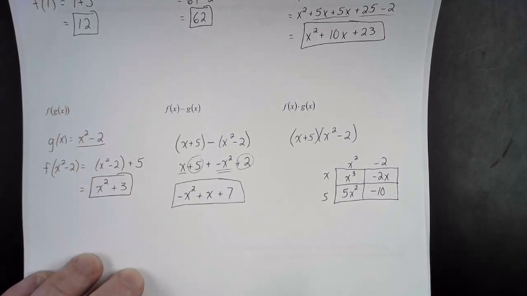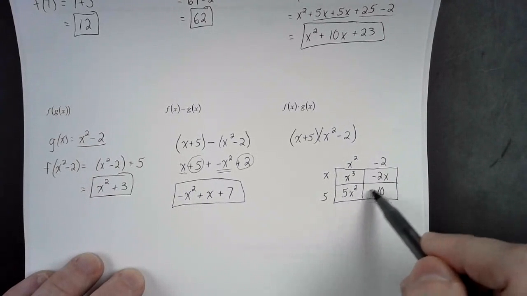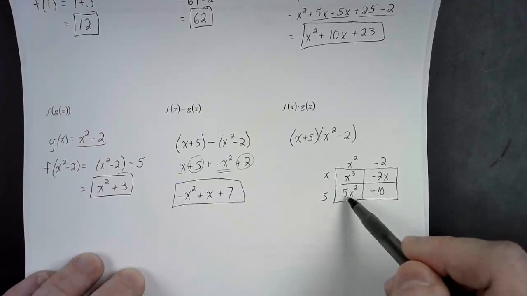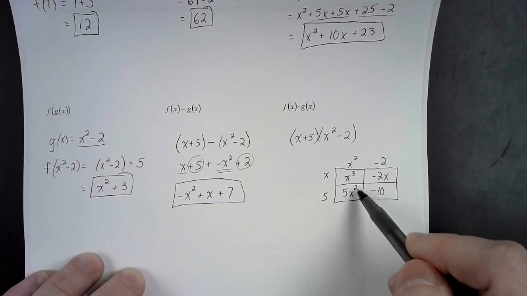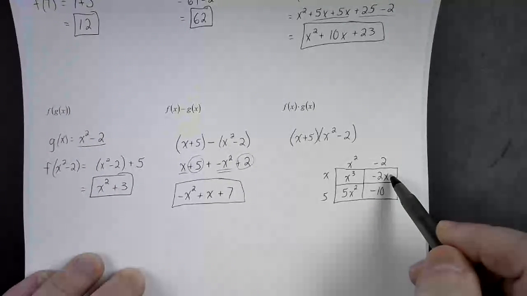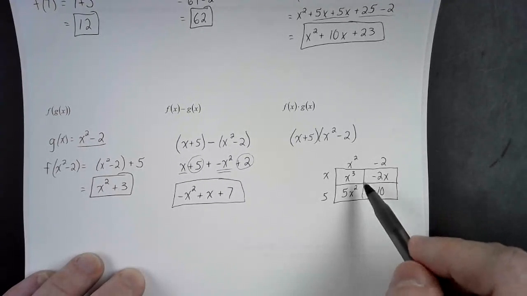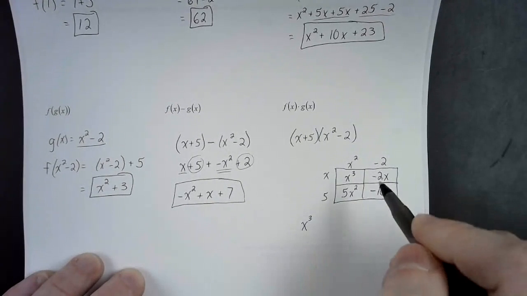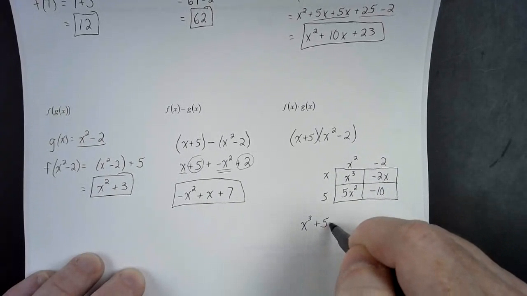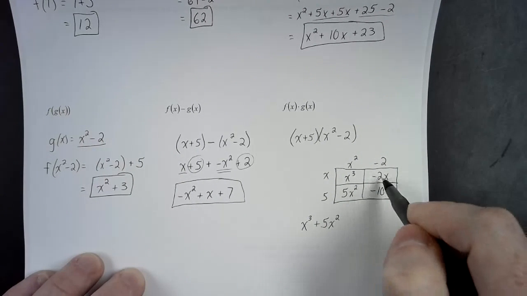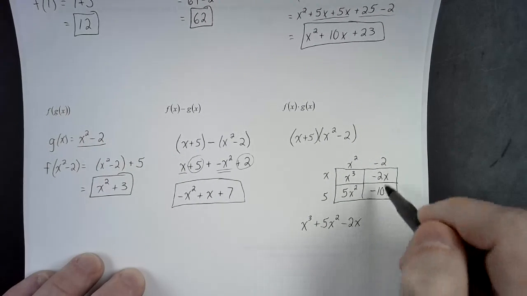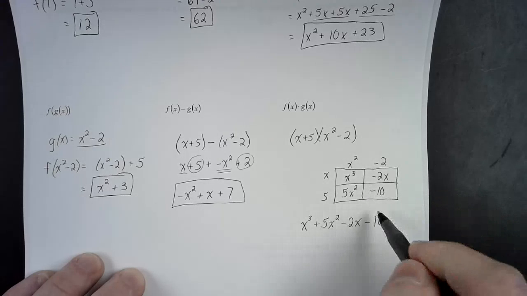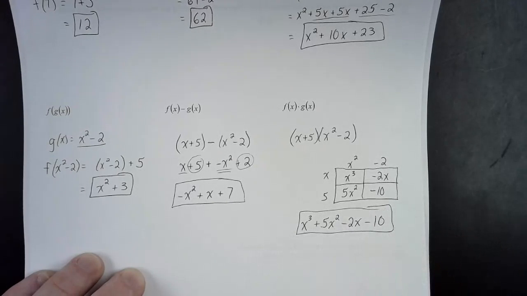So now you're just going to combine these, and these two are not able to be combined because that is an exponent of 2, that is an exponent of 1. So writing it in standard form in order, that's our highest degree. So we have x to the third, a positive 5x squared, minus 2x, and a minus 10 as our final answer.